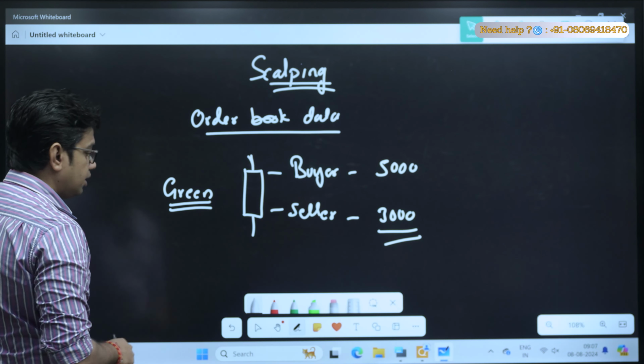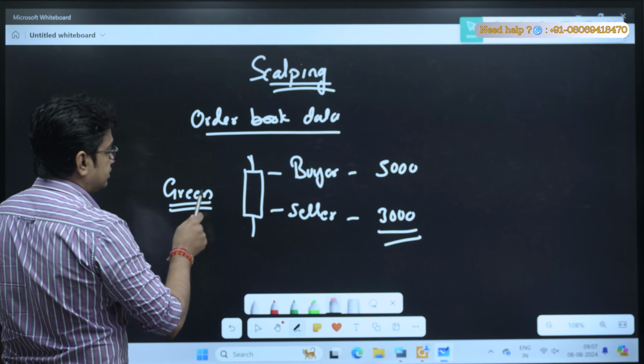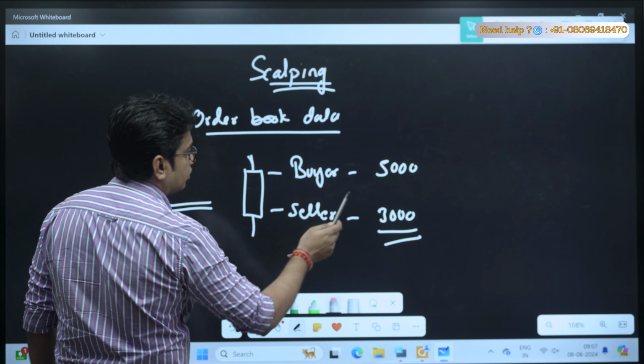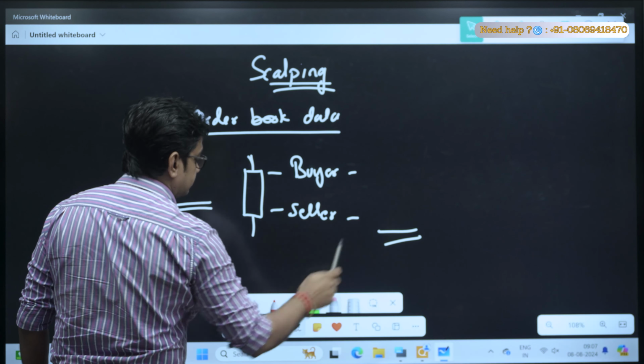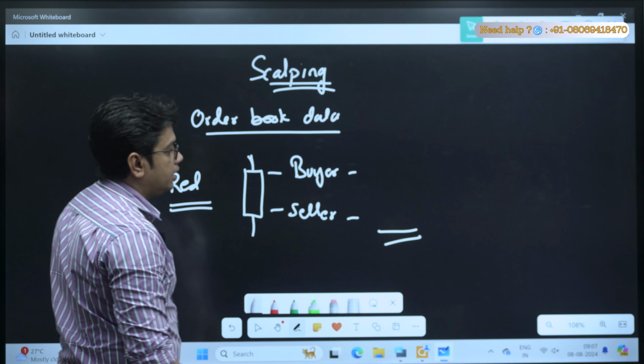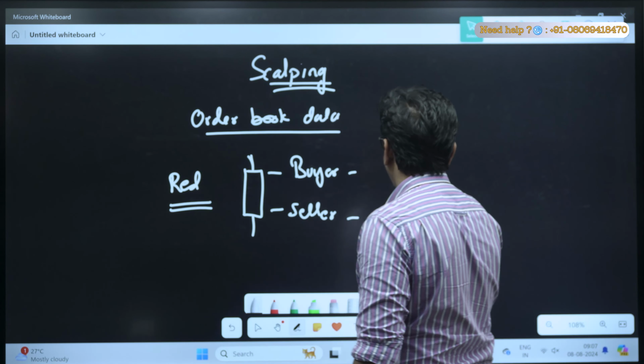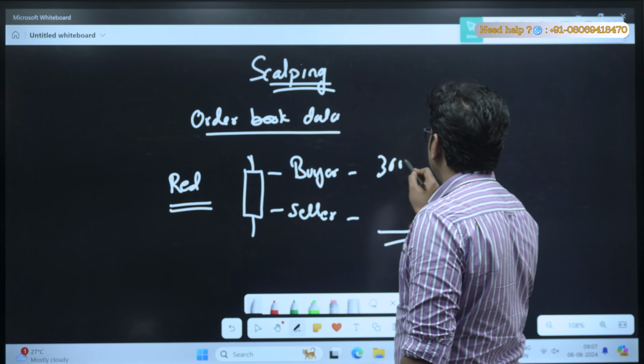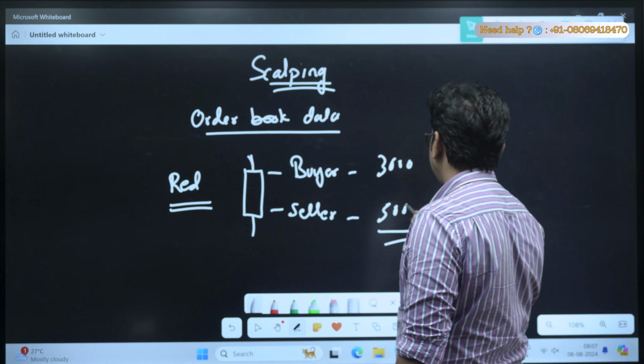Now let's consider that it is not green, but a red candle. Reciprocally, buyers are 3,000 and sellers are 5,000.